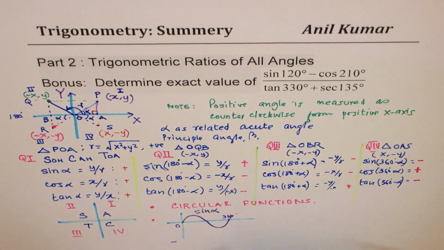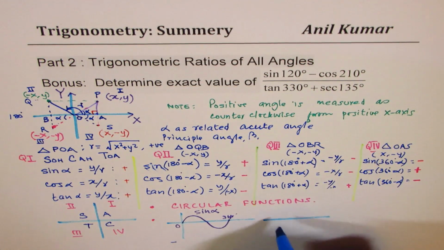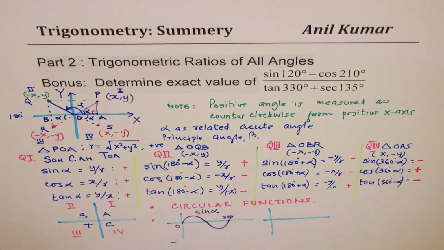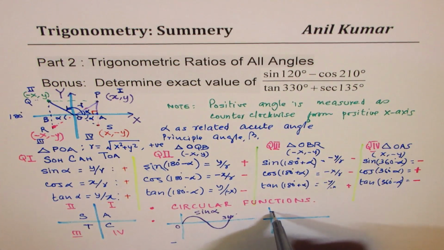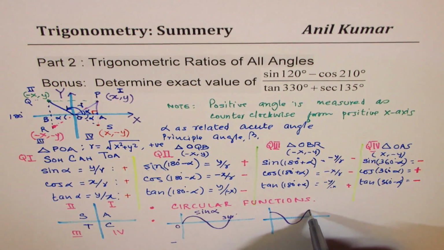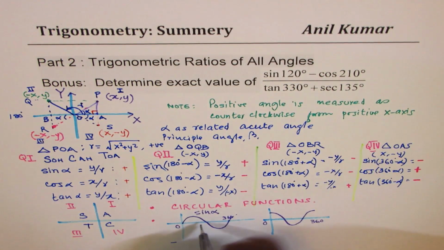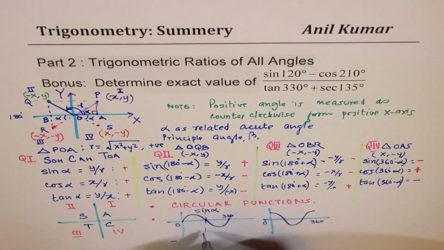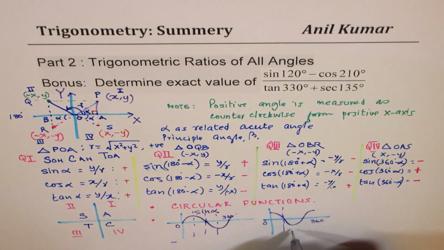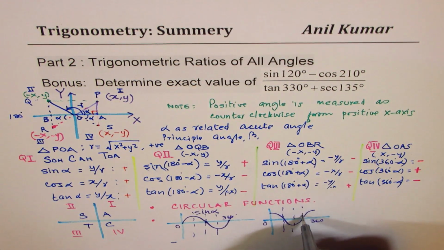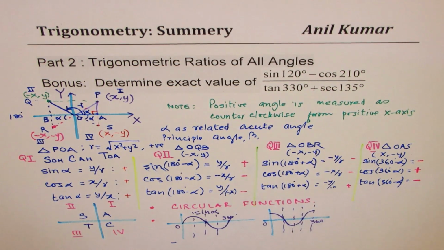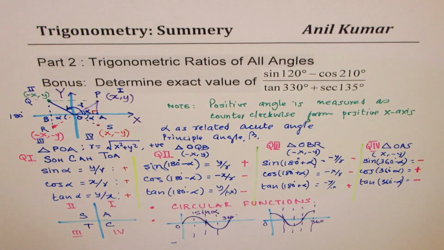If I consider the cosine wave, then the graph which I get will be kind of like this, where this is 0, this is 360 degrees, and all these points are the 4 quadrants. These are 4 quadrants, right? So it is 90 degrees, 180 degrees, 270 degrees, and 360 degrees, equally divided.